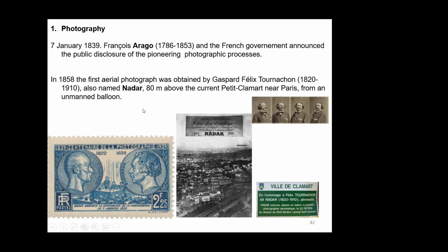From an unmanned balloon, he acquired at about 80 meters above the soil this picture near Paris, a place known as Petit Clamart, but at the time of the acquisition, the place was named Petit Bicêtre. The name changed during the 20th century.